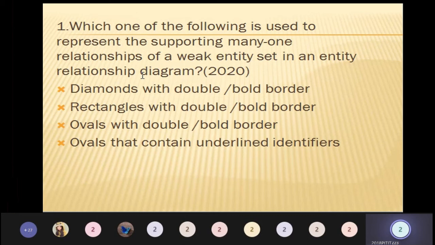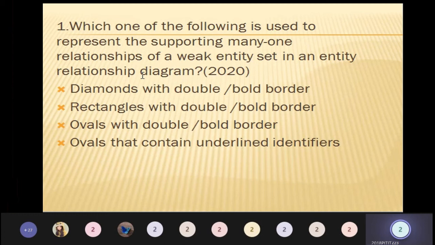This question was asked in the year 2020.